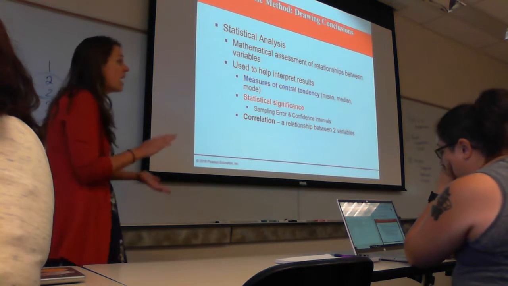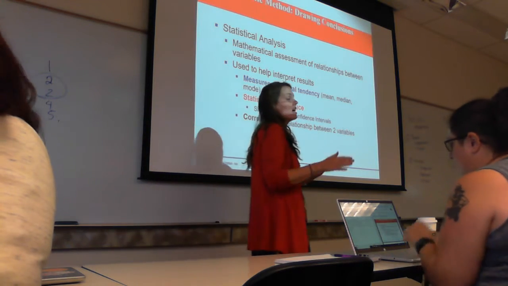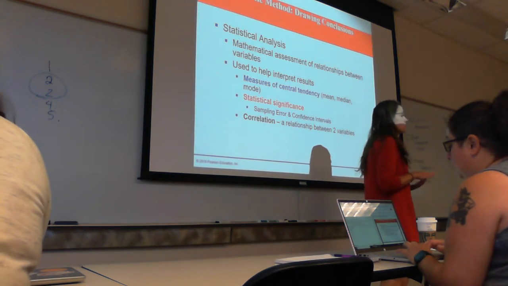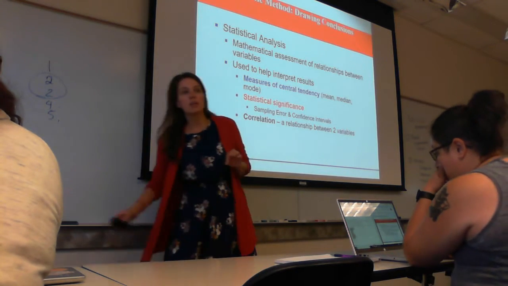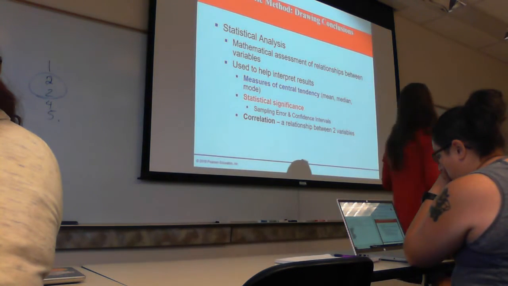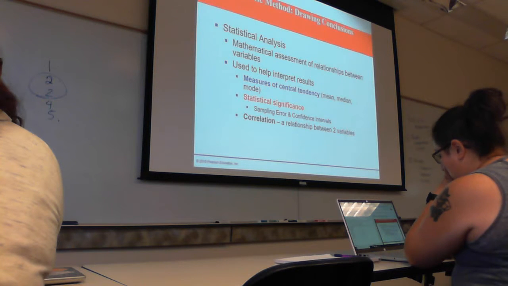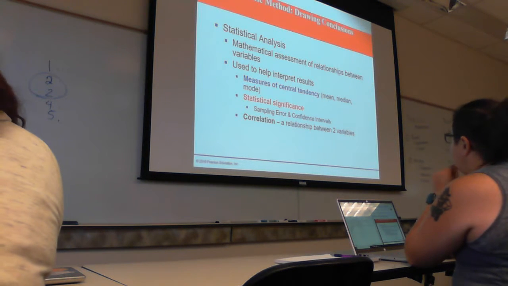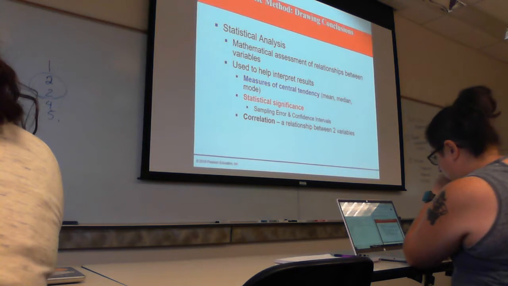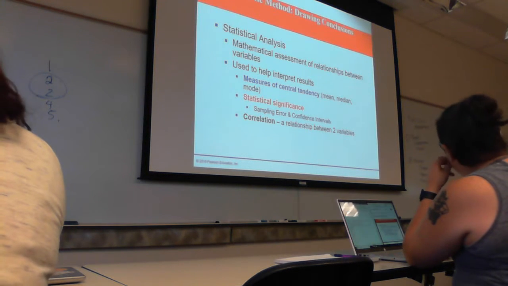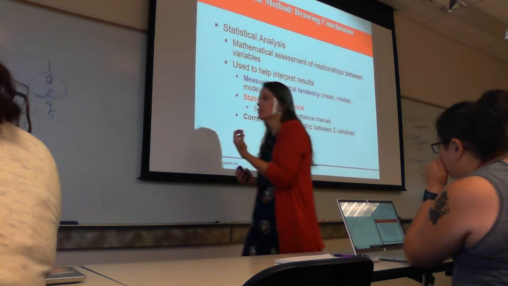All right, and then after you do measures of central tendency, then you can start with statistical analysis. And we will do a little bit of that in a couple of our labs. And this helps you to learn if there is a statistical difference between your two groups, okay?